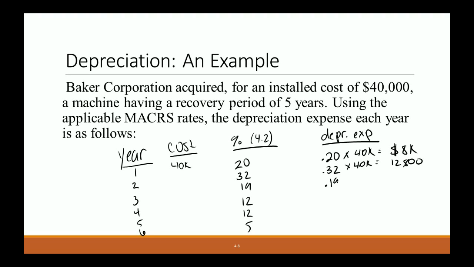Year 3 is 19% times $40,000. So $7,600. Year 4 and 5 is 12% times $40,000. So $4,800. And in year 6, we have 5% times $40,000 to give us $2,000.